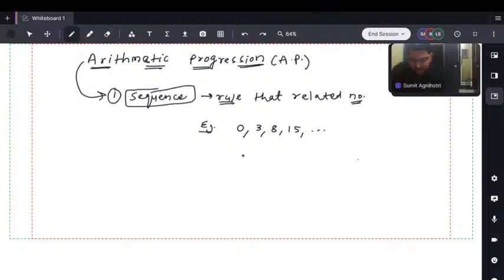If you just follow the rule, it goes like this. Can you guess how we got 0? Can you think of how you got 3? Sir, we added 3 to 0. In order to find 0, you did 1 square minus 1.